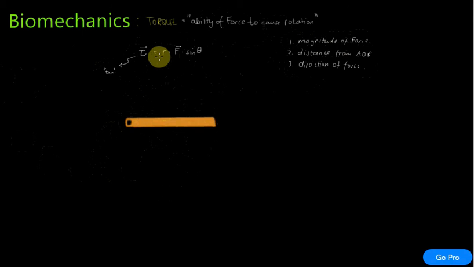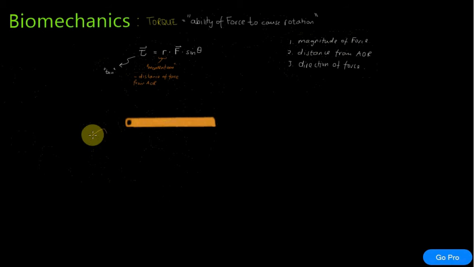This here, this R, is also called your moment arm. And in essence what that is, is the distance of the force from the axis of rotation, right?